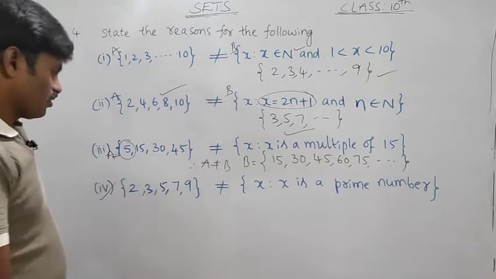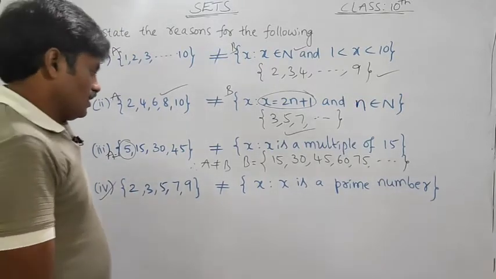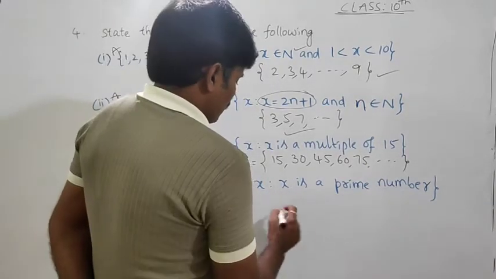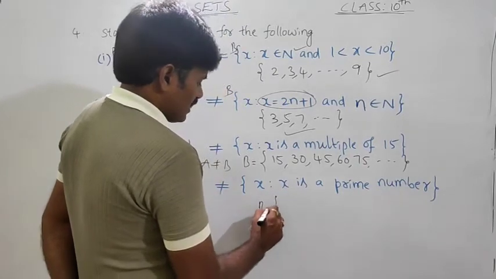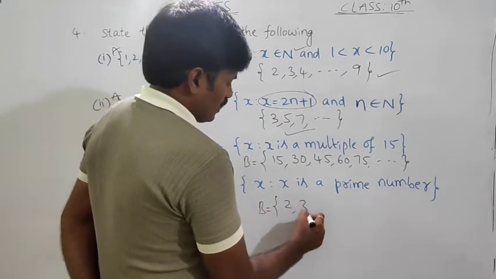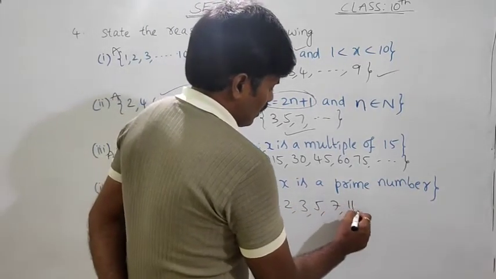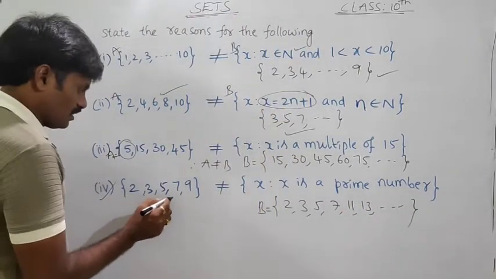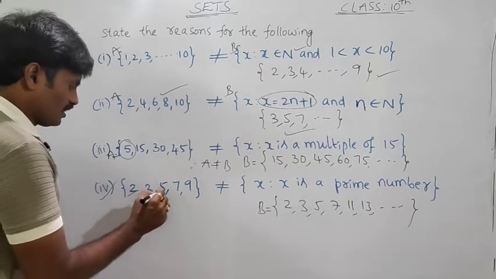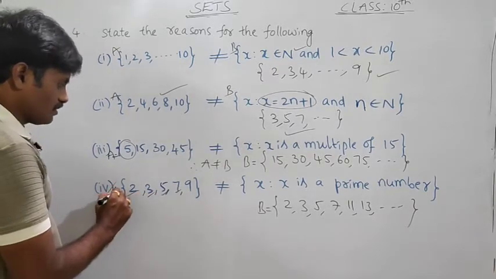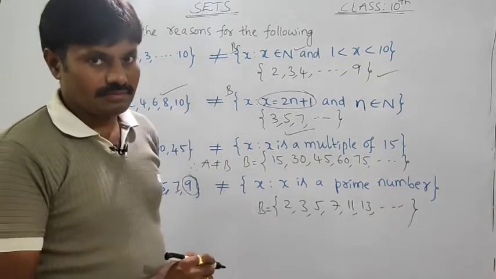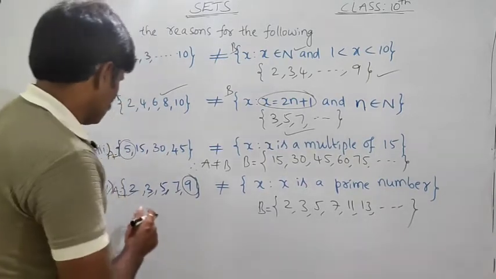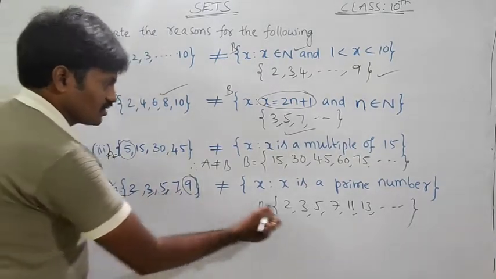Now come to the fourth one. x such that x is a prime number. What are the prime numbers? If you consider it as set B, 2, 3, 5, 7, 11, 13 and so on. But 2, 3, 5, 7 are prime numbers, but 9 is not a prime number. So these two sets are not equal.